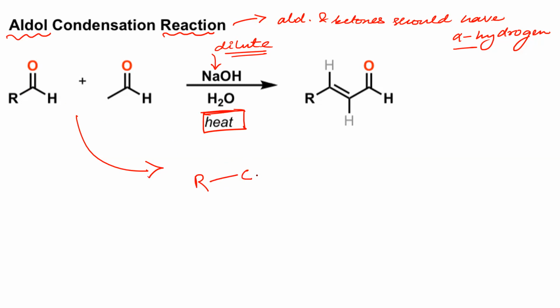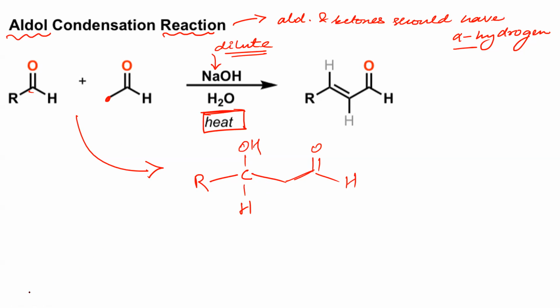This carbon atom is bonded to this carbon atom, with C double bond O and H, and this carbon will get an OH group attached. Is this clear? You have this hydrogen here as it is.